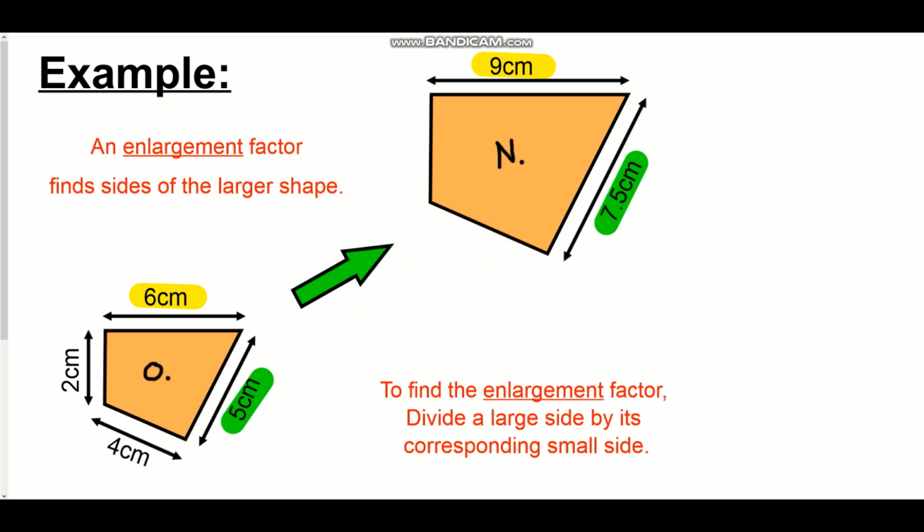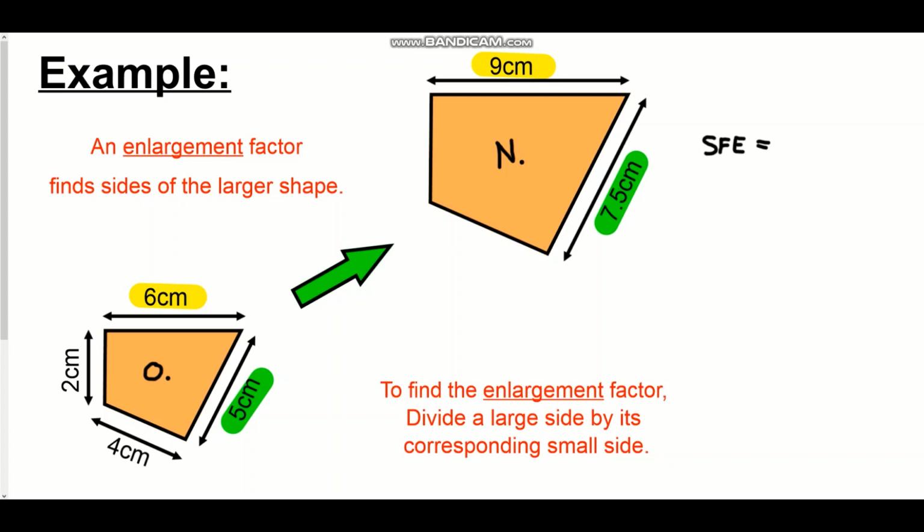I'm going to write SFE. That means scale factor enlargement. Then I'm going to take a side from my new shape. I've got two sides on my new shape: 9 centimeters at the top, and 7.5 centimeters on the right-hand side.